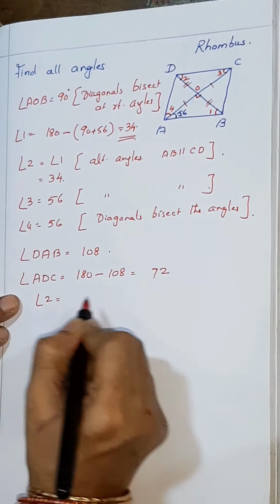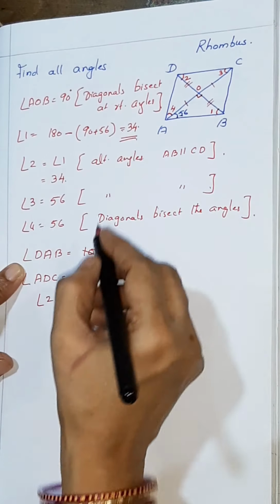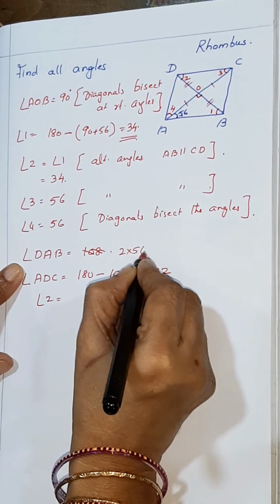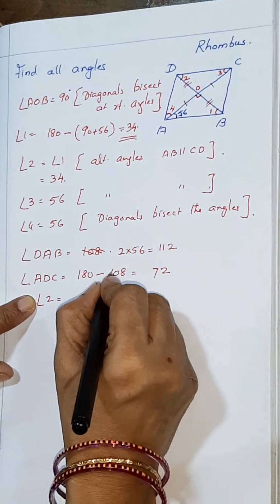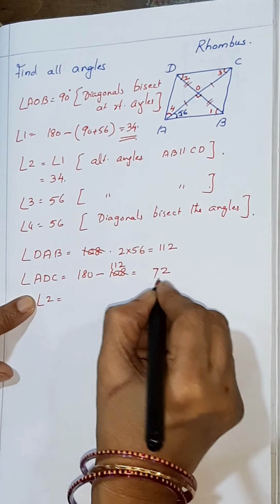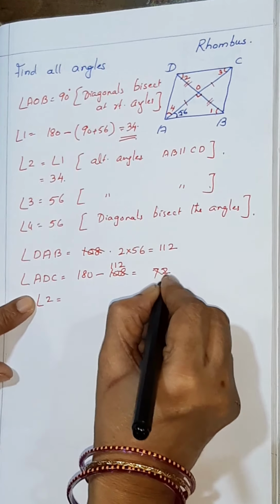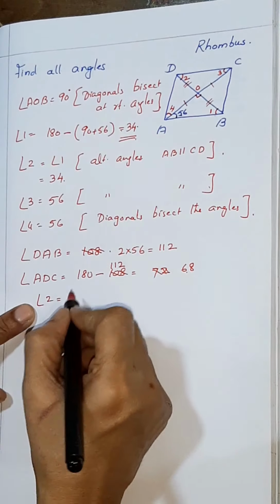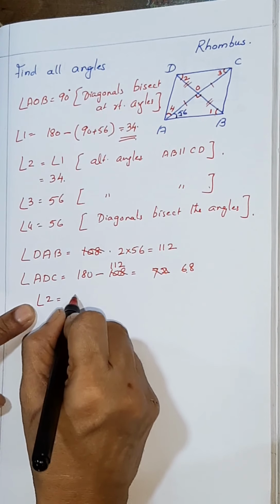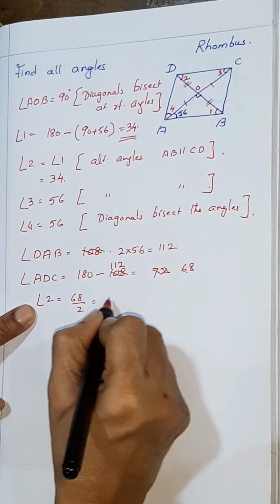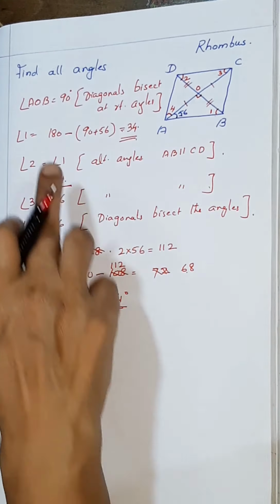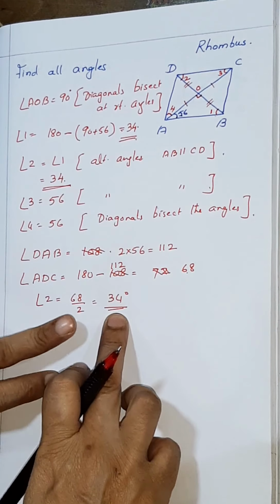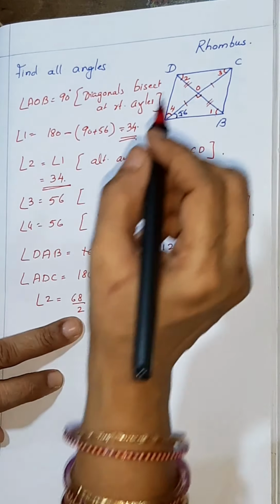There is a mistake here. DAB is twice 56, so it is equal to 112. So ADC will be 180 minus 112, so that becomes 68. So angle 2 is equal to 68 divided by 2, so 34. So we got 34 with this method also.